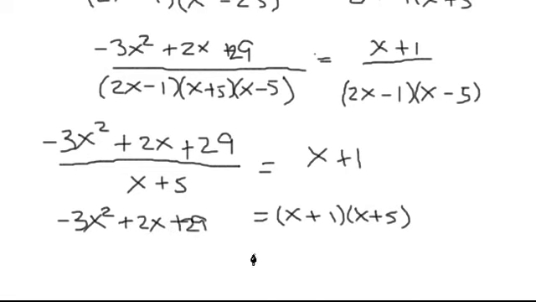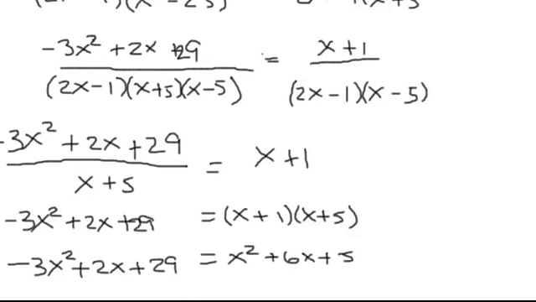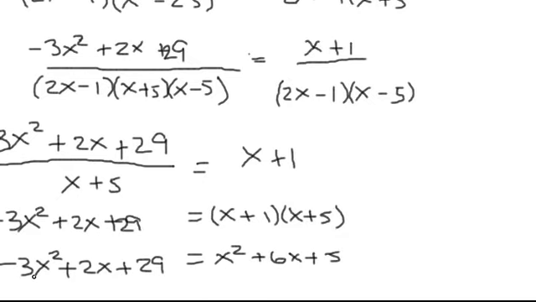I just about did it again. Multiplying this out, we have x squared plus 5x plus x is plus 6x plus 5. And of course we have, rewriting this again, we can take the 3x squared over to the right.